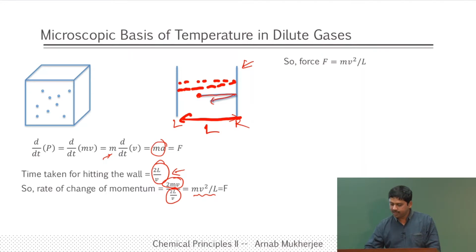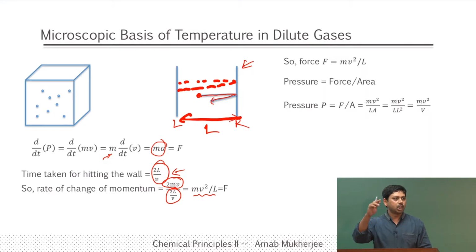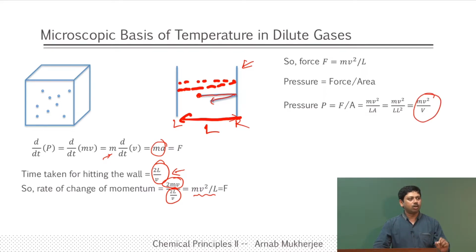The force acting is mv square by L. Pressure is force per unit area, which is mv square by L times A, and A is a cubic face, L square, giving rise to mv square by V. So mv square by V is the pressure acting on one side of the wall in one direction.